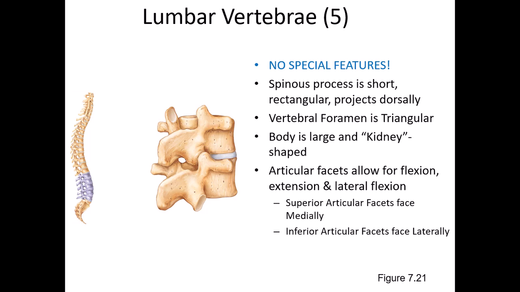And the articular facets, as I was just mentioning, facilitate flexion and extension, as well as lateral flexion, so bending towards the side. The superior articular facets face medially, the inferior articular facets face laterally. This is pretty clear to observe on your lumbar vertebrae.